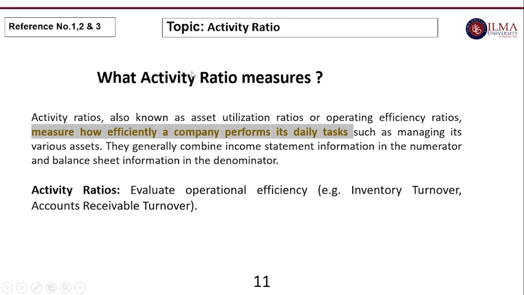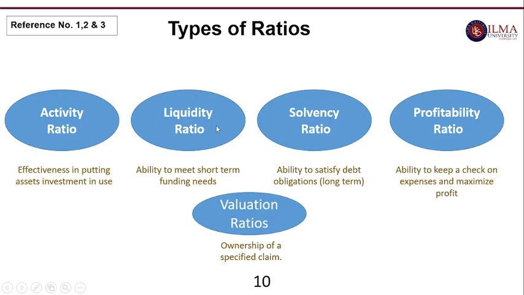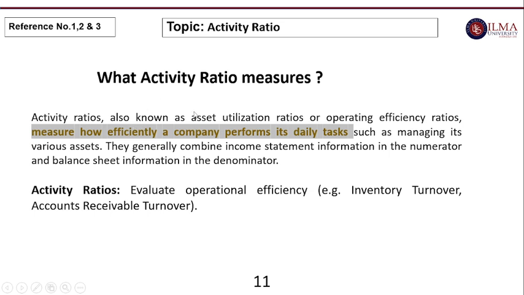Let's move toward the activity ratio. Later we're going to discuss each and every ratio in depth. So first we have the ratio analysis. I have highlighted the most important part. Activity ratio, also known as assets utilization ratio or operating efficiency ratio, measures how efficiently a company performs its daily tasks, such as managing its various assets.